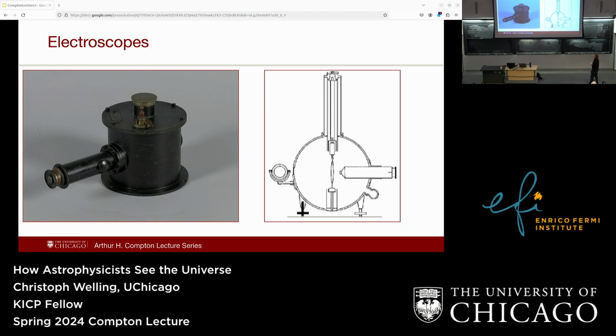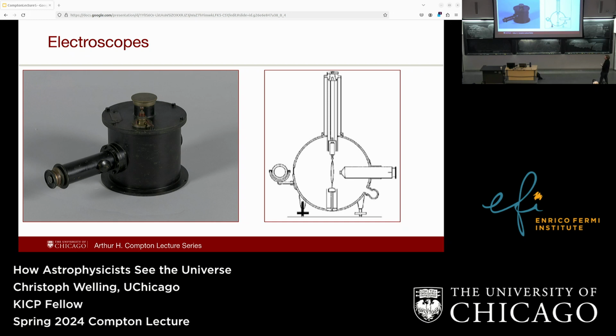So this is actually one of the electroscopes that Victor Hess used, and this is a sketch of a very similar one. So what you do is you have a little metal strip, and then you put a bunch of charges on there, and because equal charges repel, the tips of this strip will move apart a little bit.